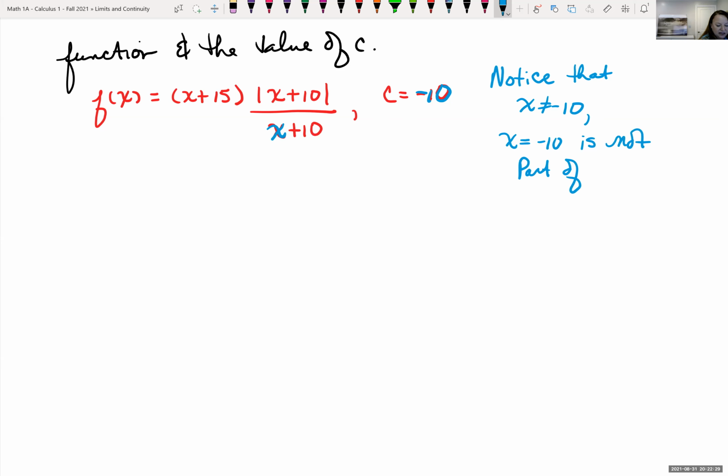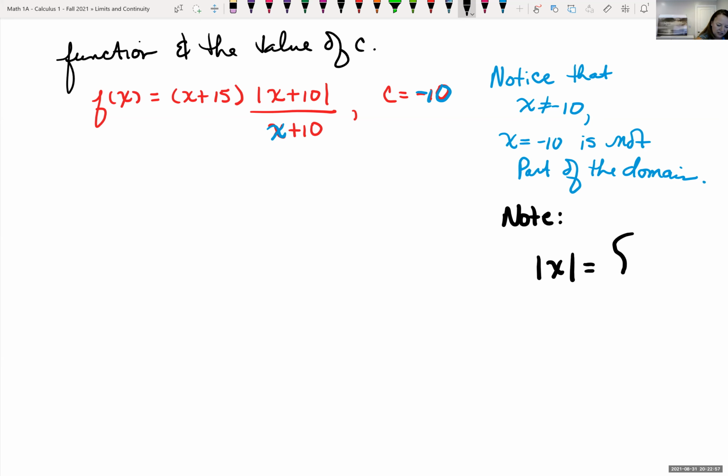The other thing that you need to notice is that we have an absolute value function in there. An absolute value function can be written as a piecewise function. So recall the absolute value function is the distance between the number and 0 on the number line. It's always a positive number.